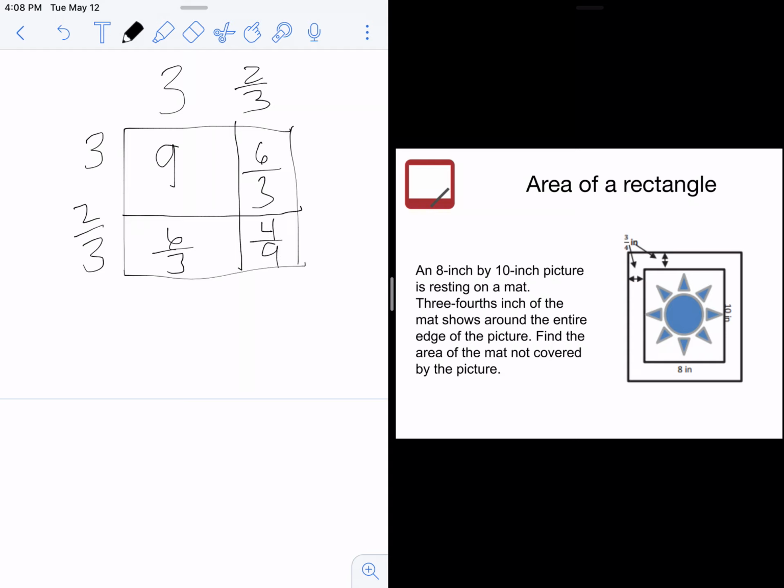Well, we know that 6/3 is the same as 2. So this is also 2. This is also 2. So we have 9 plus 2, which is 11. We have 11 plus, and then 2 plus 4/9, which is 2 and 4/9. So 11 plus 2 and 4/9 is 13 and 4/9 meters squared. To me, that way was pretty easy.